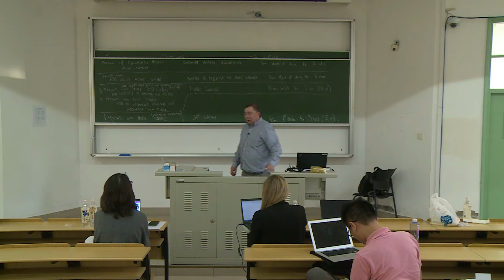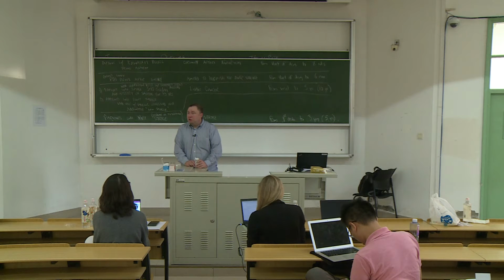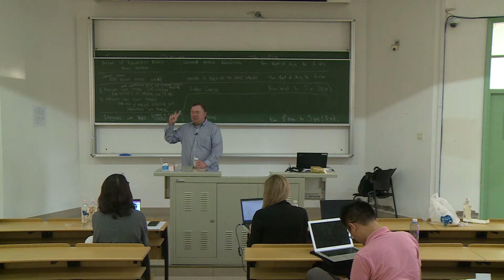So the CHADS-2 score that is used to predict stroke for patients with atrial fibrillation, the CHADS-2 is congestive heart disease, hypertension, age, diabetes, and prior stroke.